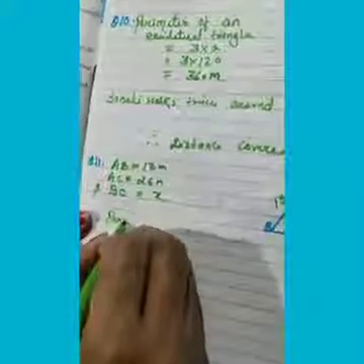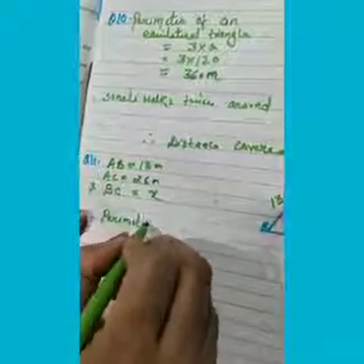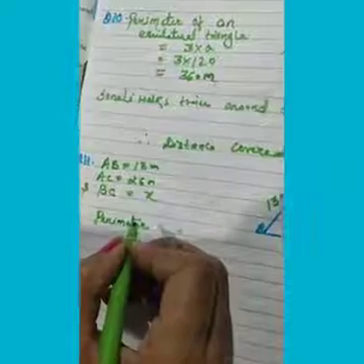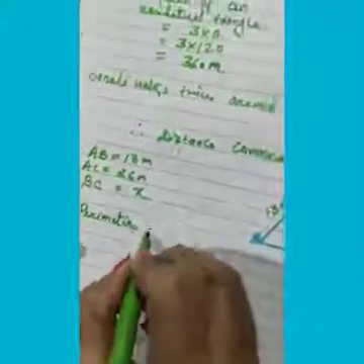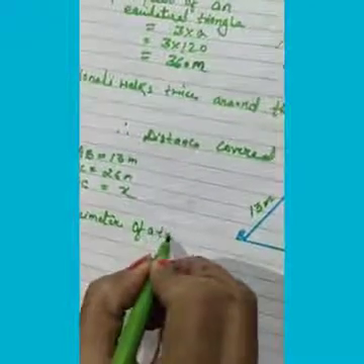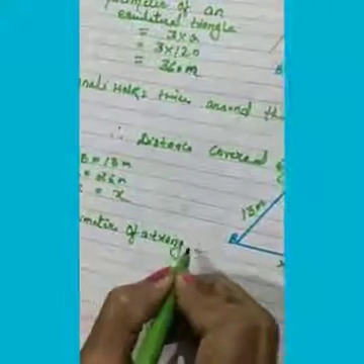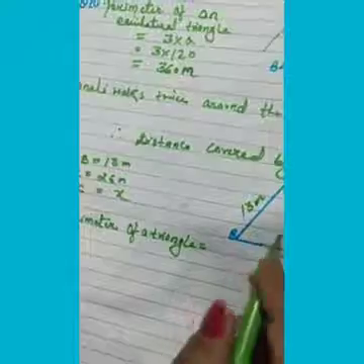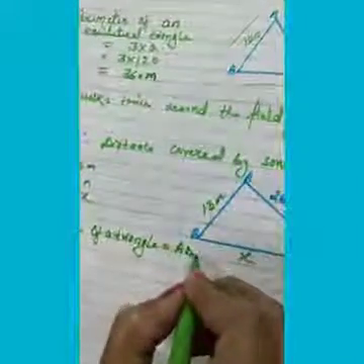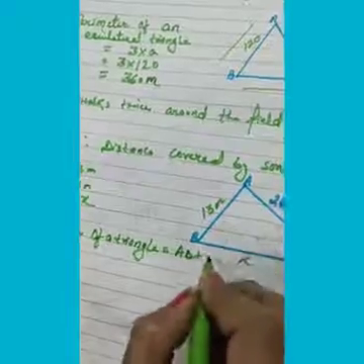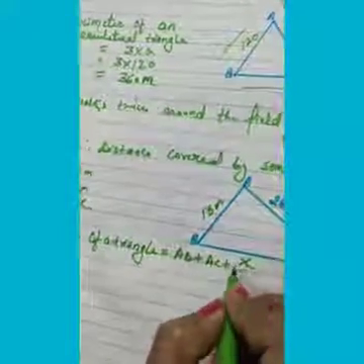Perimeter of a triangle equals AB plus AC plus BC.